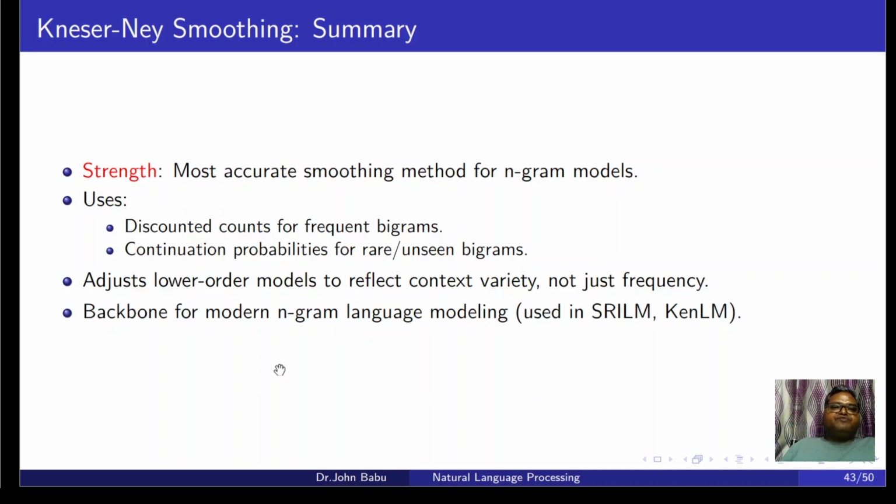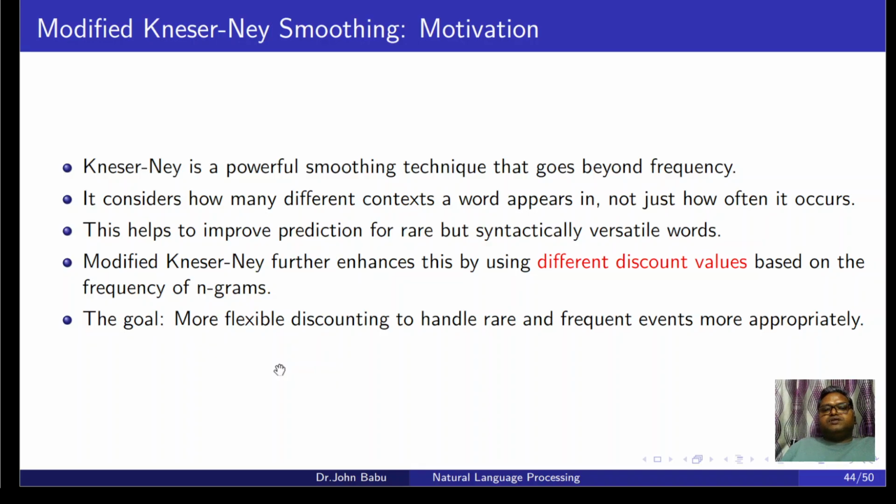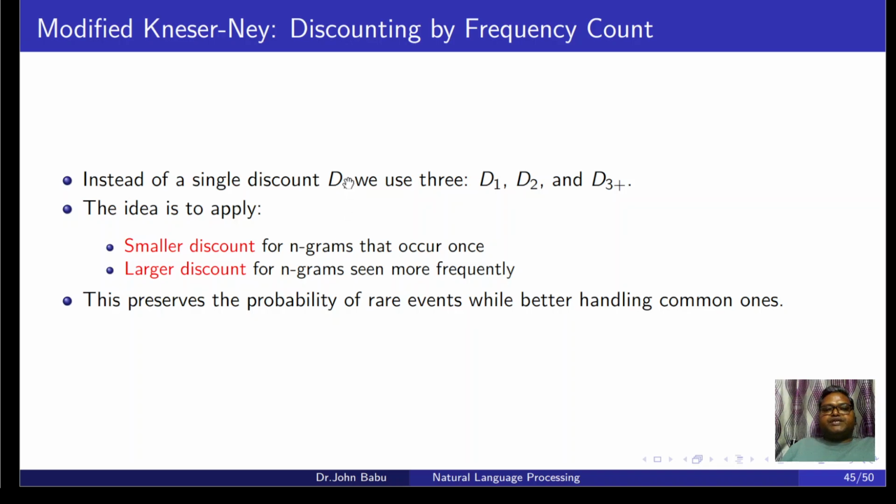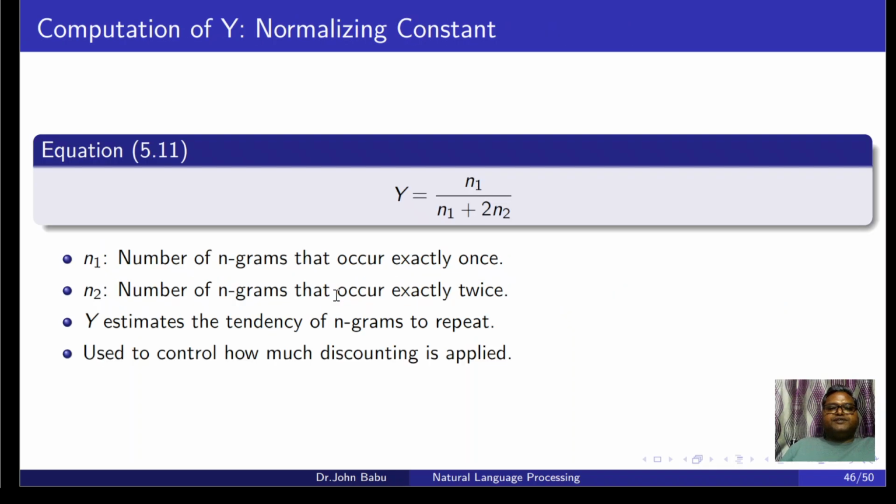So this is a very effective method, and this modified version, the calculation of the discounting factor, is very interesting. For example, you have n-grams; the number of n-grams occurring exactly once is n1, the number occurring exactly twice is n2, and so on. Then we estimate the tendency of n-grams to repeat as n1 by n1 plus 2 n2.